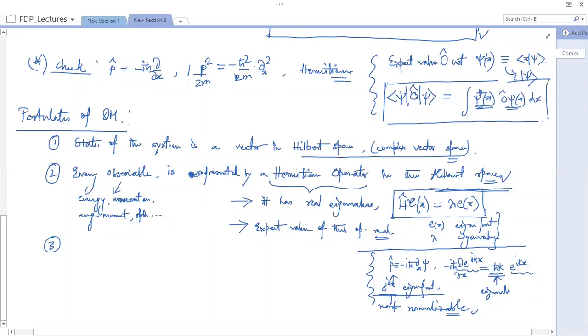And then you have this big postulate, which is the measurement postulate, but there are other properties of the Hermitian operator. The eigenfunctions of a Hermitian operator form a complete basis of the vector space.